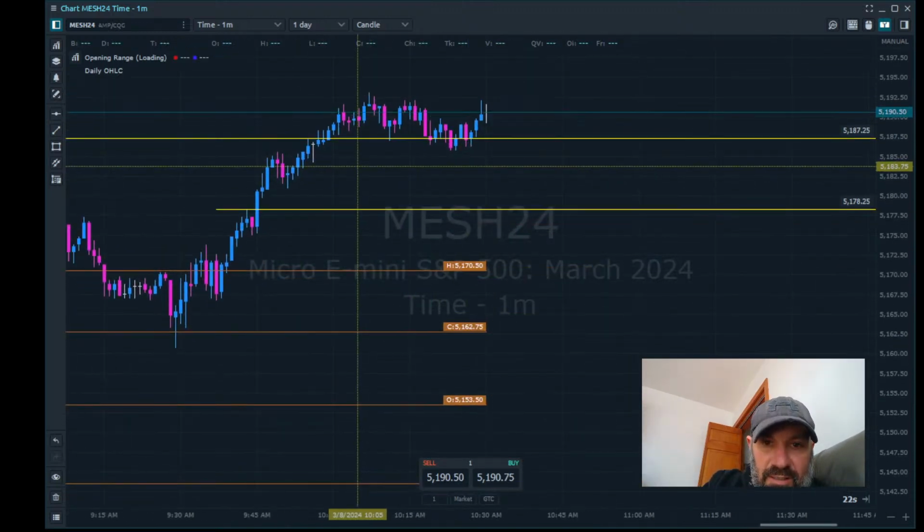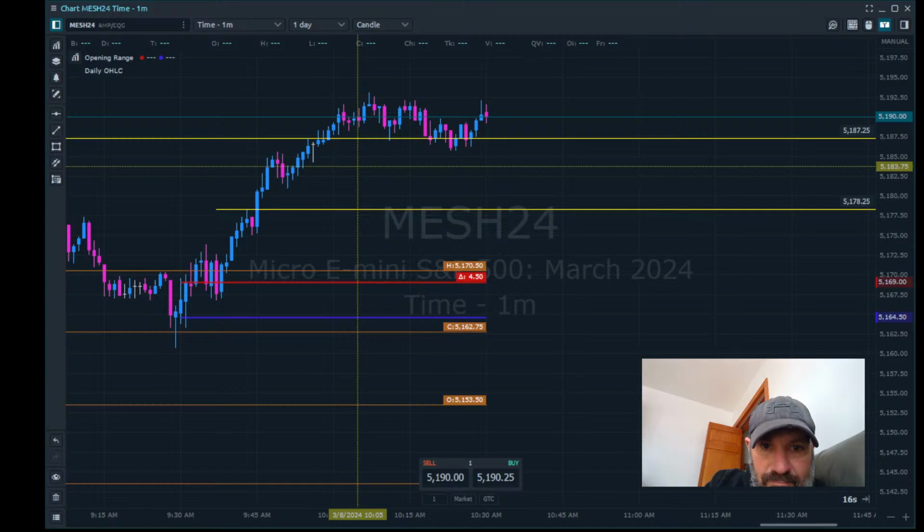I kind of want to see a good push into that, but kind of looks like we're going to stay above the gap again, the 15-minute gap. So if that's the case, then we're probably going to move higher, and I am going to become less interested in making a trade.